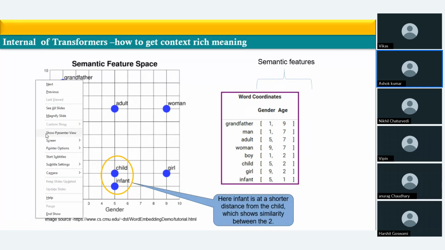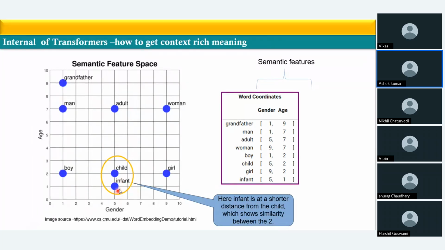In the same fashion, the infant will grow to child, and child will be adult, and girl will be woman, and woman will be grandmother. So this is about the two-dimension stuff.